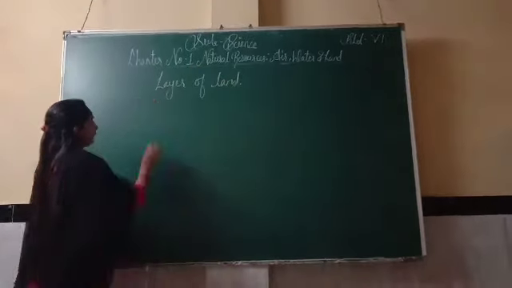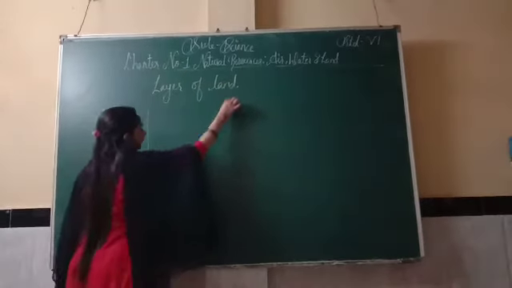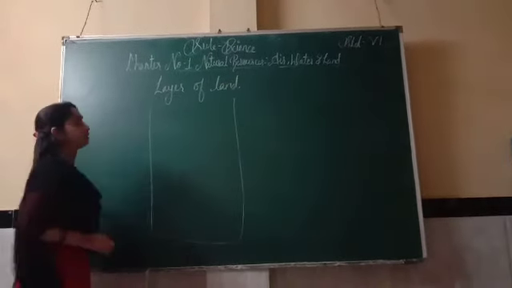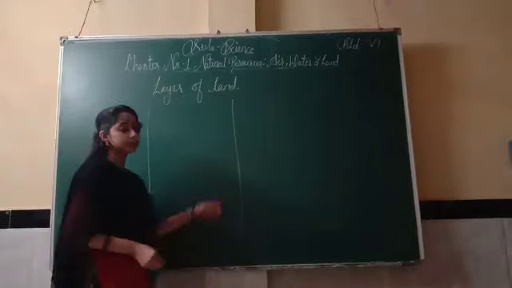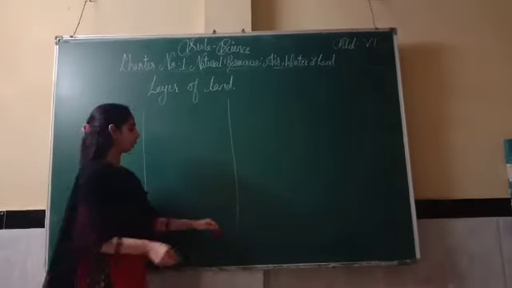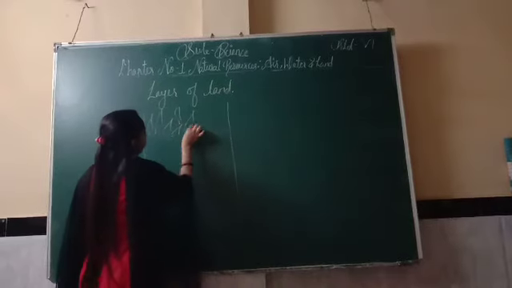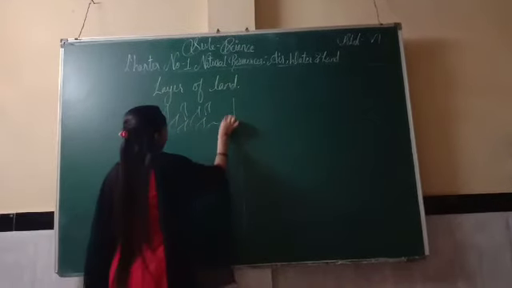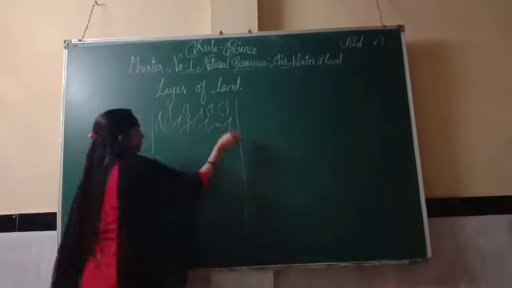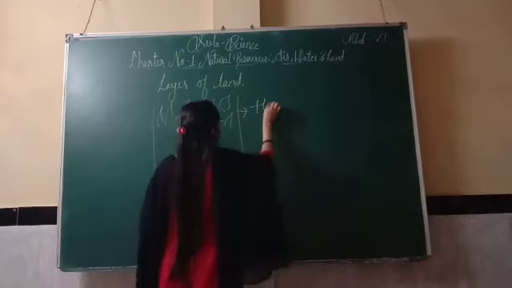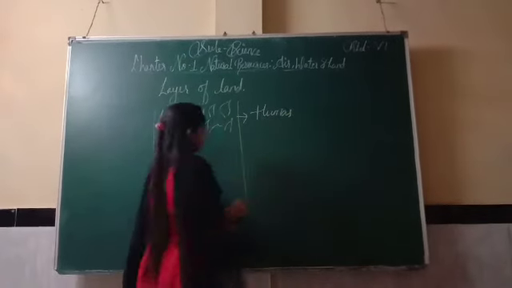So take one beaker. For example, this is a beaker and we will discuss from top to bottom. At the top we have some leaves, maybe dry leaves. These leaves are known as humus.